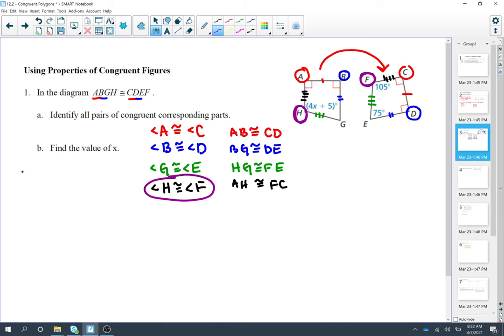So now I can say that 4x plus 5 is equal to 105 degrees because corresponding angles are congruent. From here, we're going to subtract 5. 4x equals 100. Then we're going to divide by 4. So we know that x equals 20.